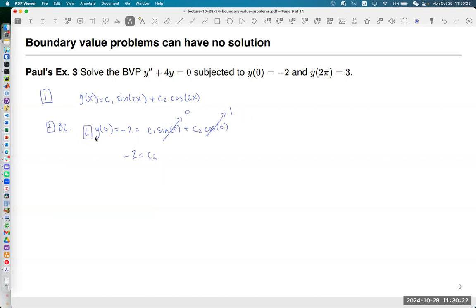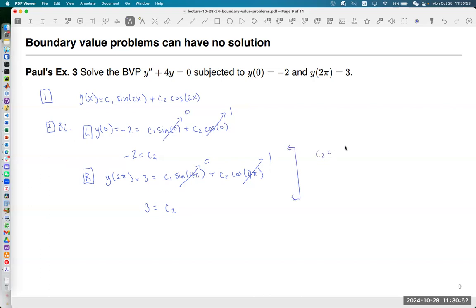This is left. And for the right boundary condition, we have y of 2 pi is equal to 3. So we have C1 sine of 4 pi plus C2 cosine of 4 pi. So this is 0, this is 1. So we have 3 is equal to C2. And what do the two boundary conditions tell us? They tell us different things.